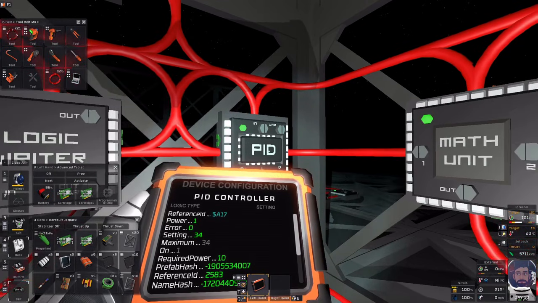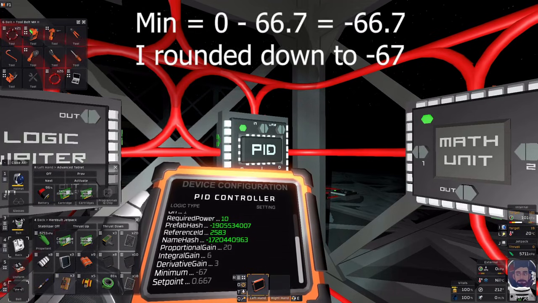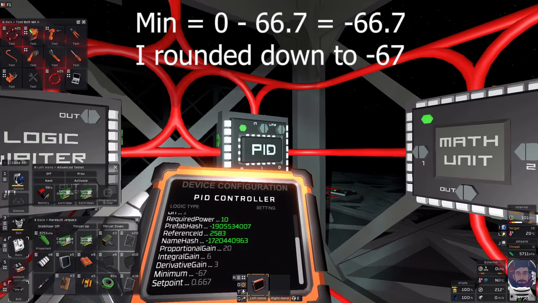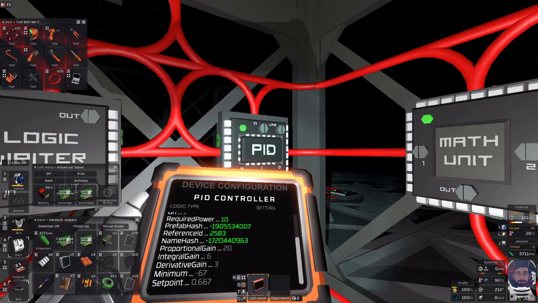However, this needs to control it in case I don't need to feed too many volatiles and instead need to feed oxygen. So I put the minimum at negative 67, because 67 minus 67 is roughly 0. And when it's at 0, then it'll be pushing only oxygen in. So that's what the PID is doing.